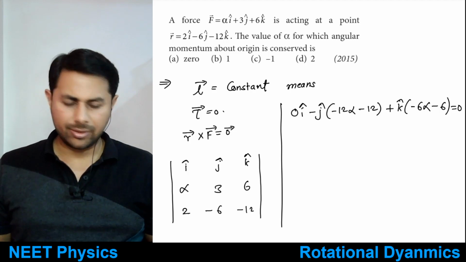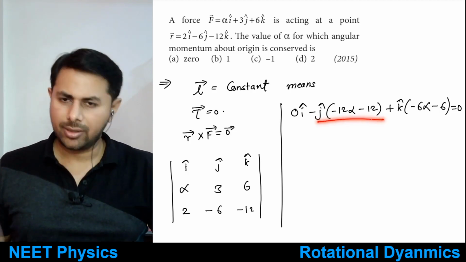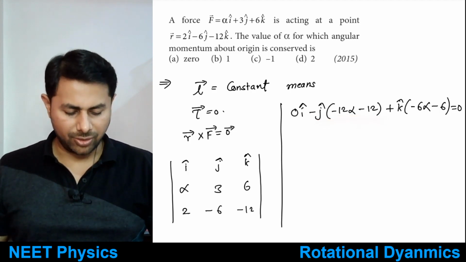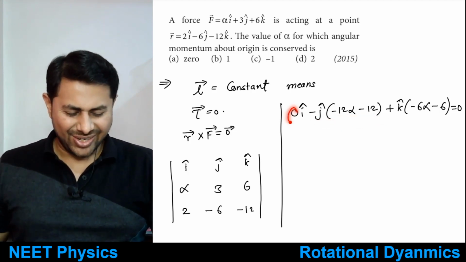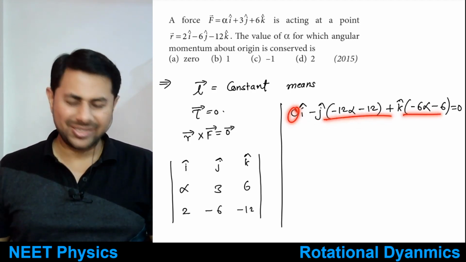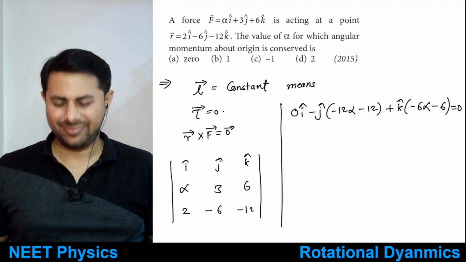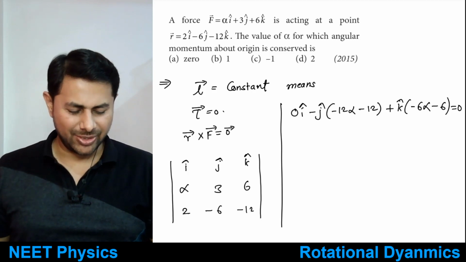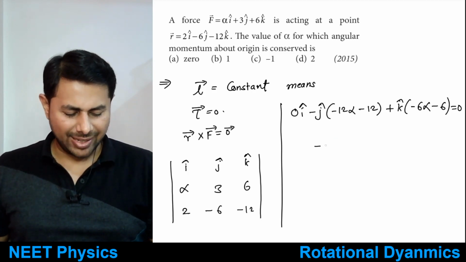So if this is 0, the x component is 0, y component is 0, z component is 0, right? So minus 12 alpha minus 12 must be 0.